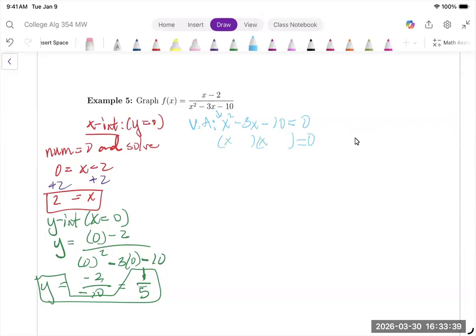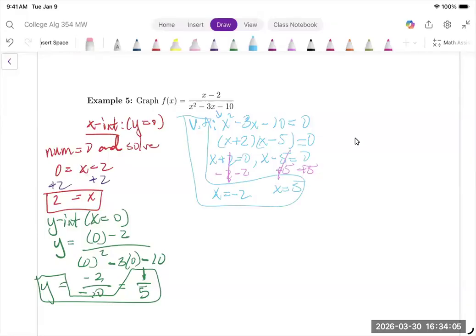Two numbers that multiply to -10 but add to -3 are -5 and 2. So x minus 5, x plus 2. Set both of these equal to 0 and solve. We subtract 2, add 5. So x is equal to -2, x is equal to 5. So we have vertical asymptotes at 2 places.